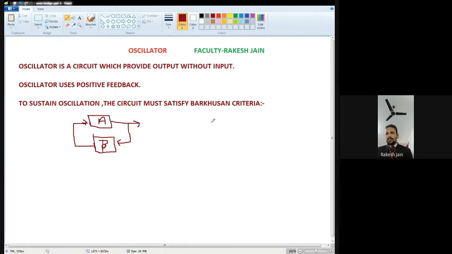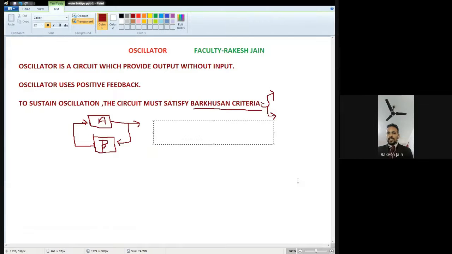So what is the Barkhausen criterion? Actually, in the Barkhausen criterion, there are two things.